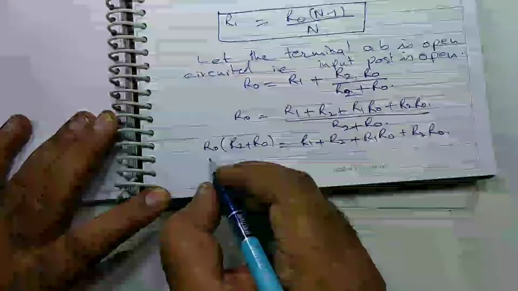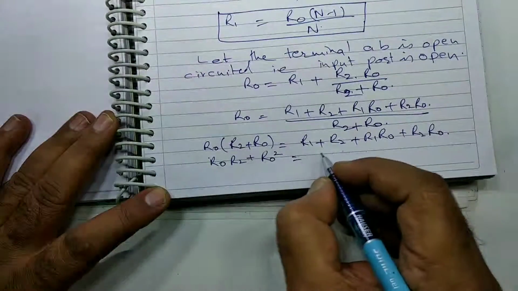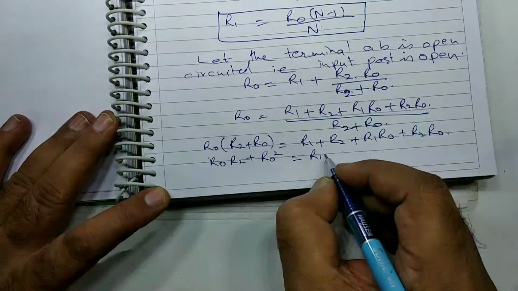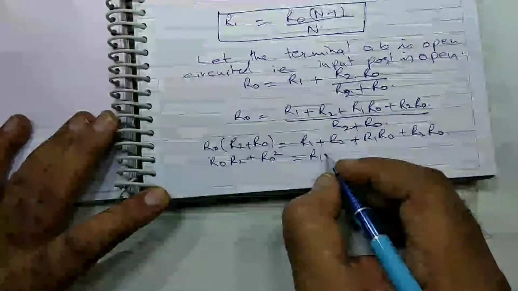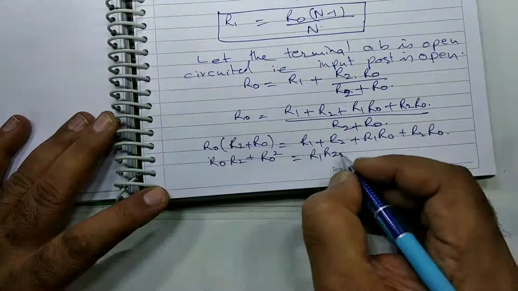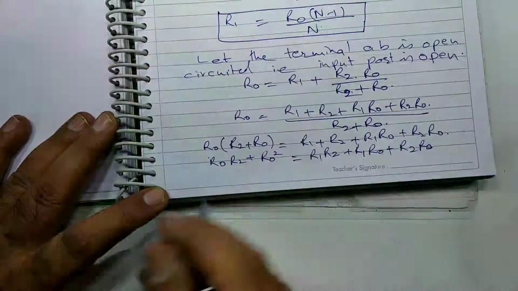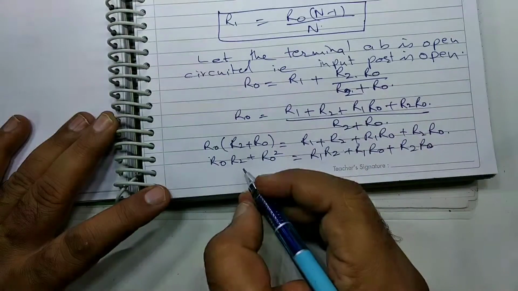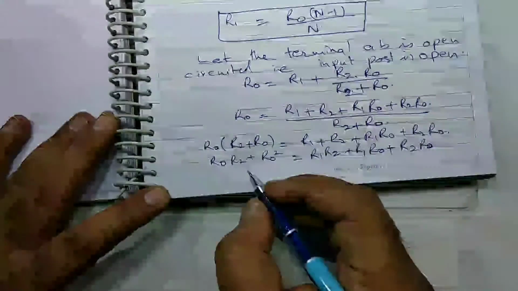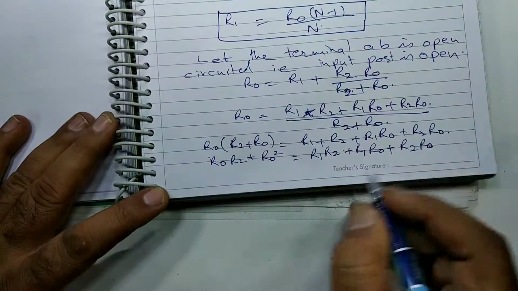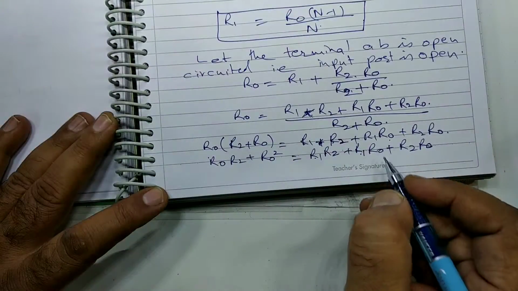Now opening the brackets, we get Ro R2 plus Ro square is equal to R1 R2 plus R1 Ro plus R2 Ro.